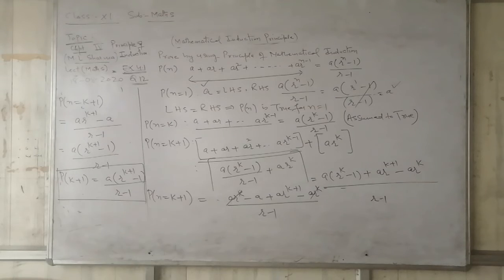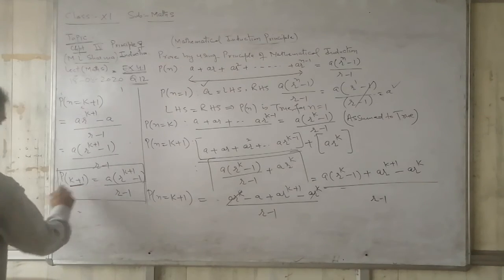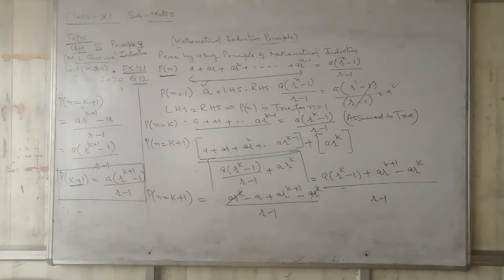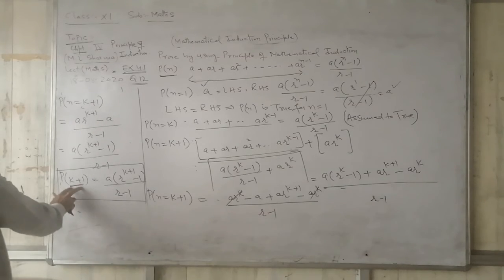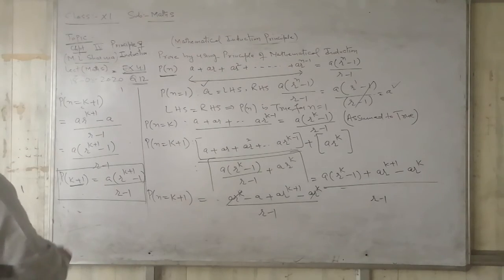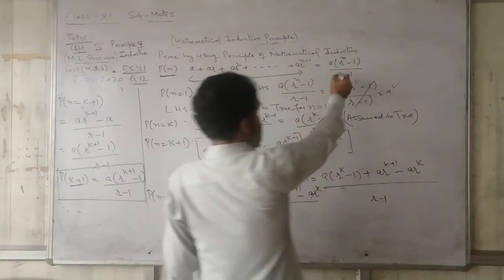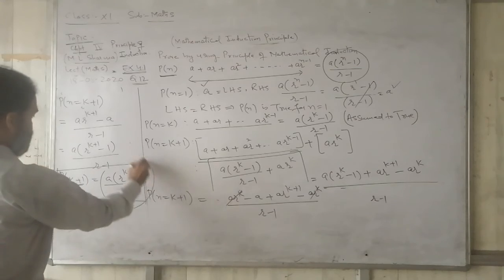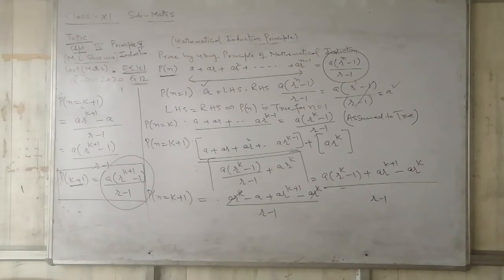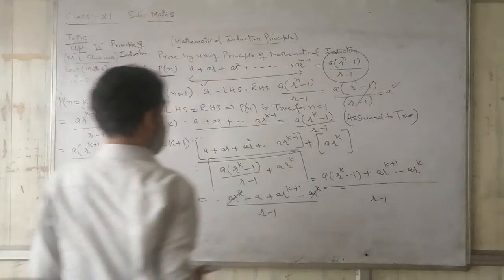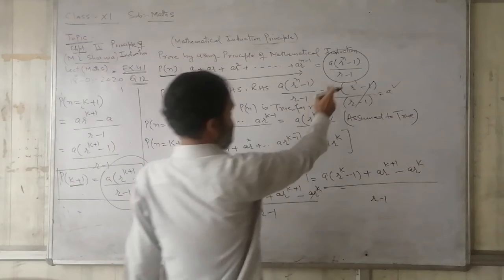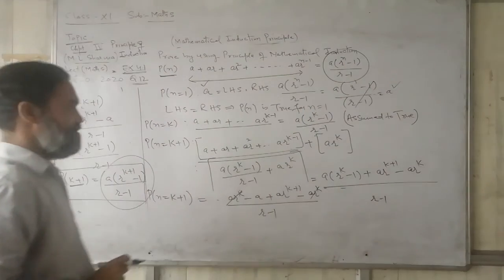So lastly we have to compare the k plus 1 with the nth term. So right hand side of this and right hand side of this: here I have a and here I have a, and inside the bracket it is r raised to power n.